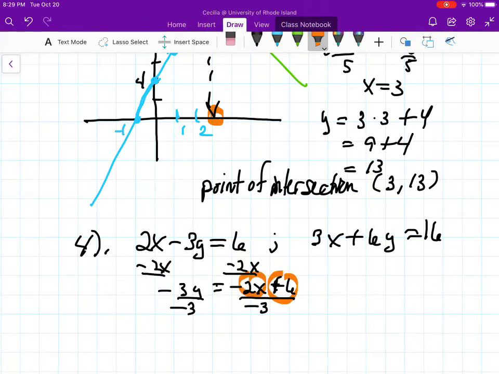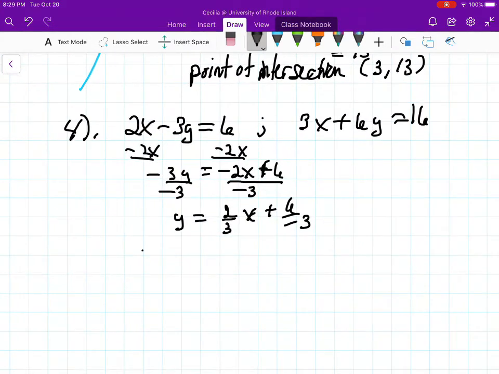So once we do this, we will get that y is equal to, and now you see a negative in -2x divided by negative 3 is positive 2/3 x. And now we're going to have a positive 6 divided by a negative 3. Okay? So we don't want to drop that negative. I see a lot of people who make that mistake. Now we can get the equation of the first line. It's y equals 2/3 x minus 2.